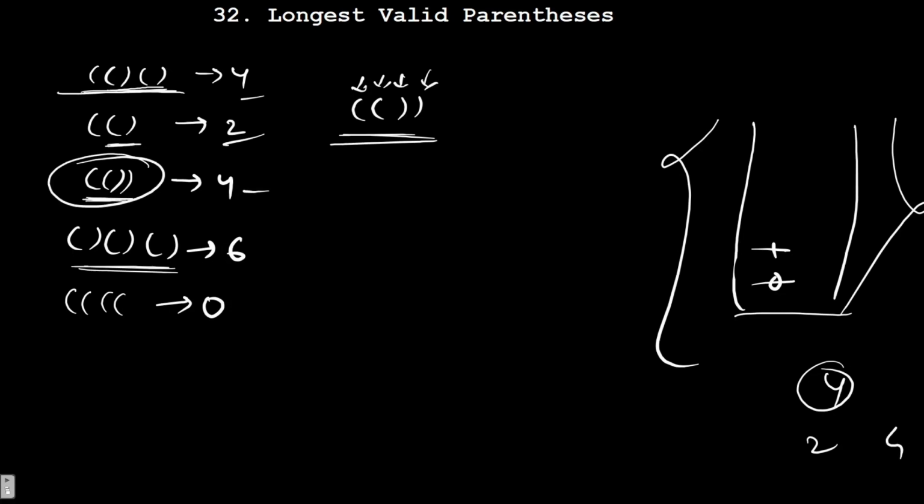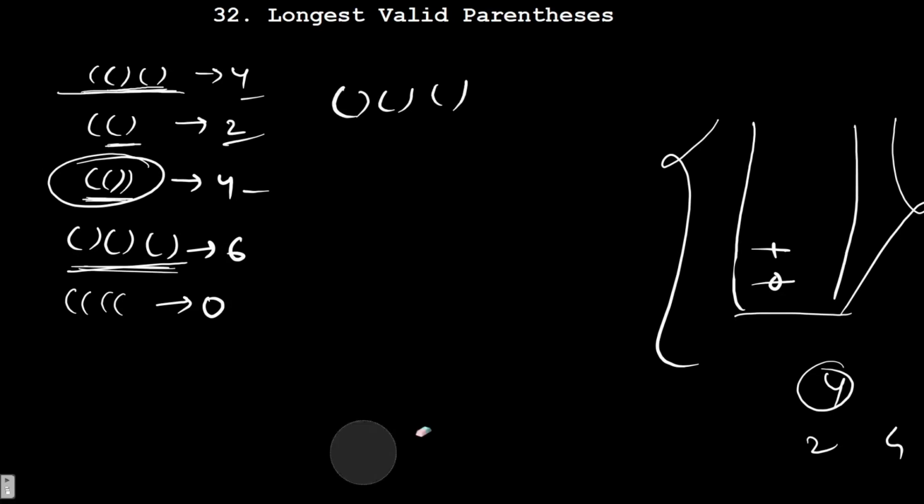Okay, and let's see test case 4. We have open parenthesis, close parenthesis, open, close, open, close. Now we'll be starting from index 0 and pushing it into a stack.